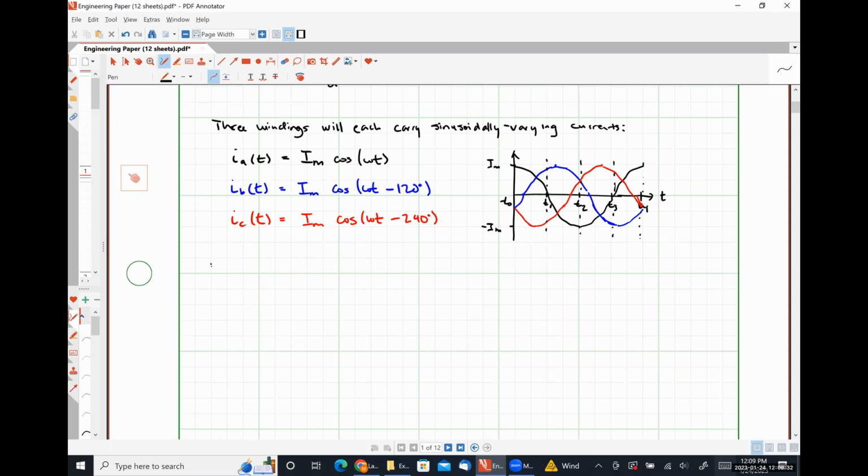So at T equal to T naught, the value of the phase currents: IA at T naught is at its maximum.